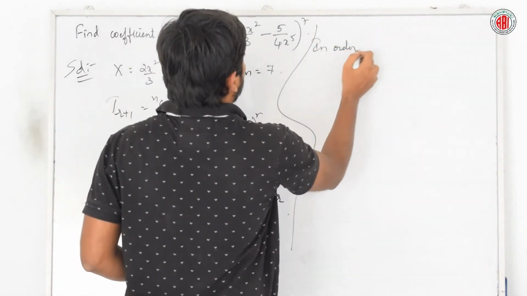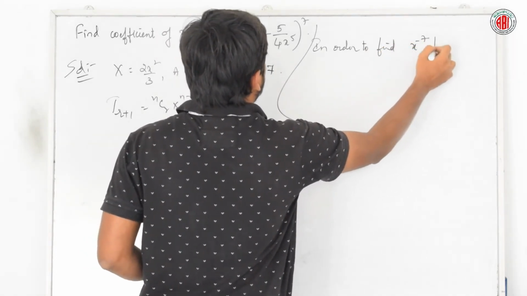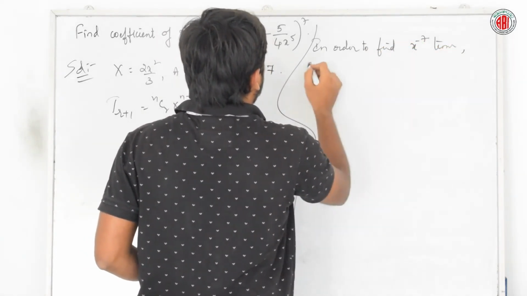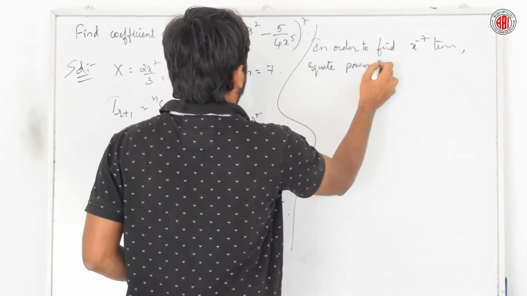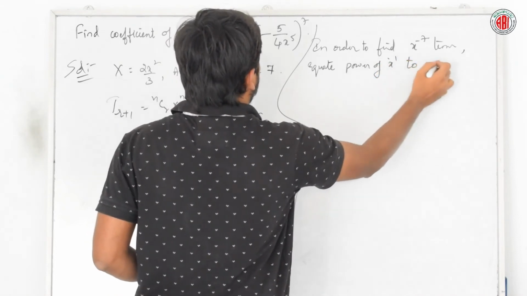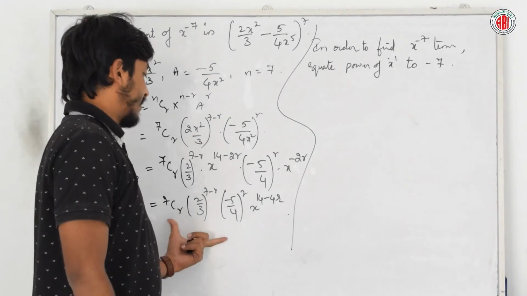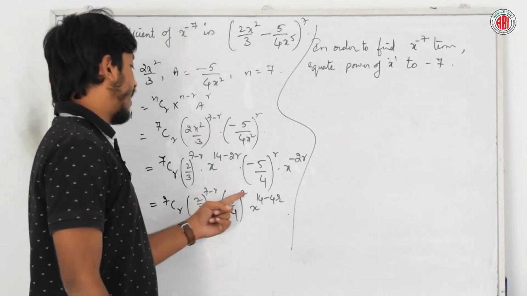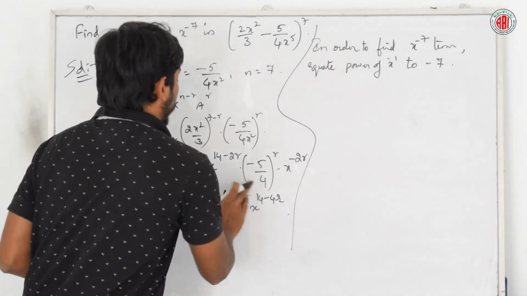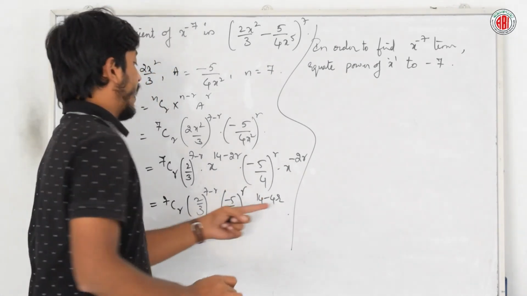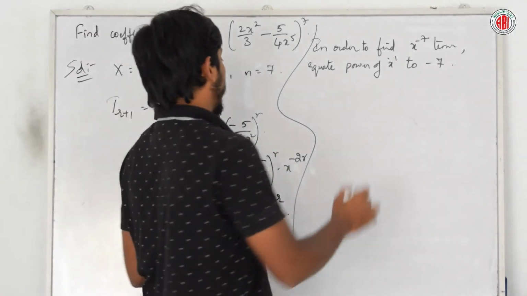In order to find x power minus 7 term, equate the power of x to minus 7. Then only we will get this term. In this term we have r, so we will find the value of r by equating this to minus 7.